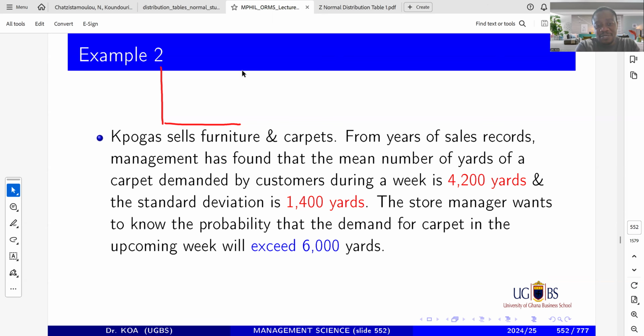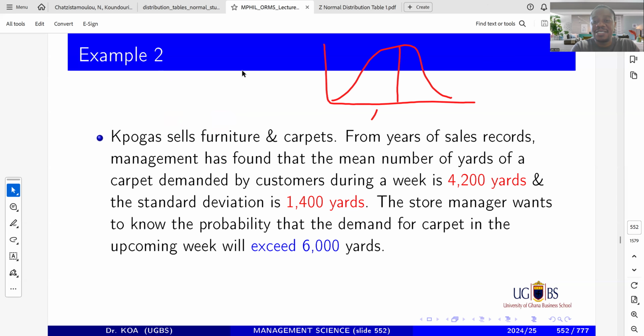So your X will be on this axis here. You have to draw the normal distribution like this. Indicate the mean. In fact, let me come down here so that you see it clearly. So this is a normal distribution. This is the mean.